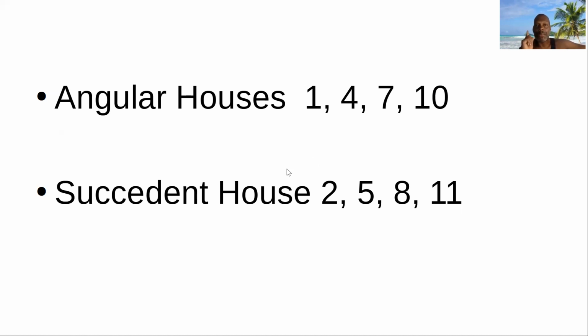So if we're talking about something like Venus, who's the ruler of love and sex and beauty and pleasure, those are her natural significations. That means if she's in an angle, her specific significations can flourish or will be advanced or pushed to the fore or put into the public eye, so to speak.